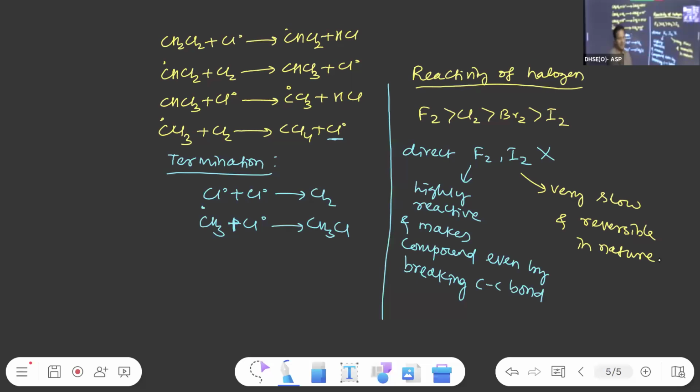We cannot make direct fluorination or direct iodination, so what remains is chlorination and bromination. Between chlorination and bromination, which is more reactive? Chlorination is more reactive and bromination is more selective. That topic is reactivity versus selectivity.